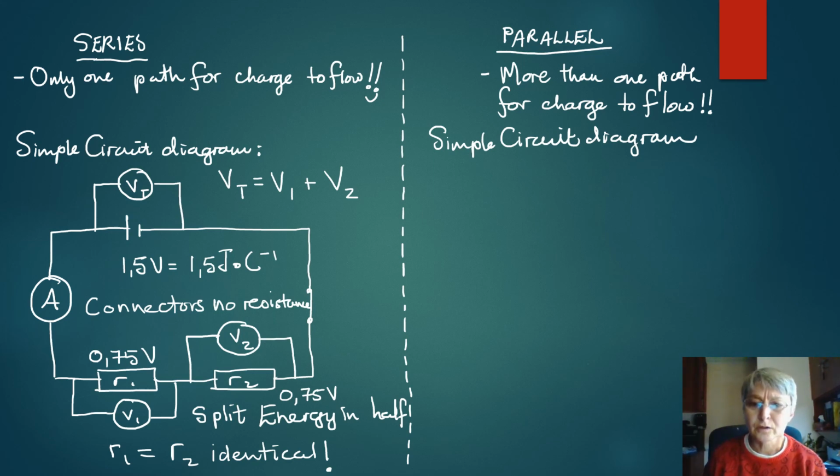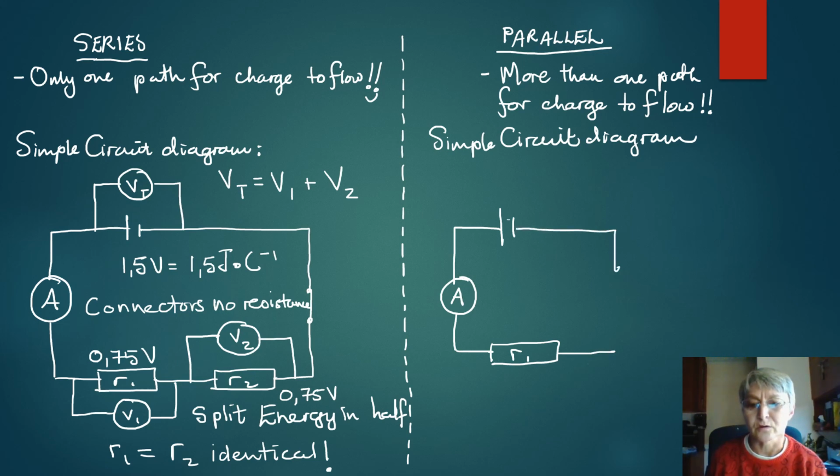To move on to a parallel circuit, where an ammeter is connected to measure the total current, and resistor R1 is connected in parallel to resistor R2.